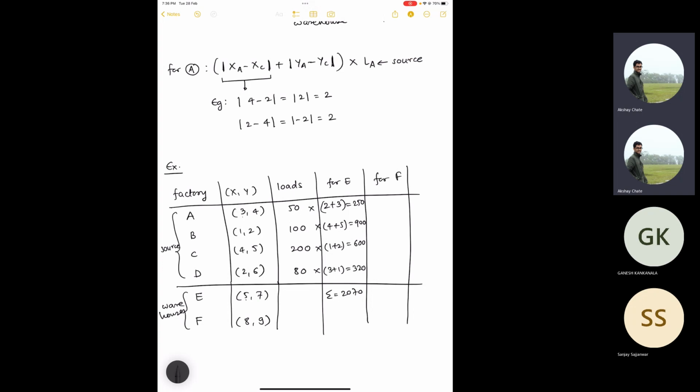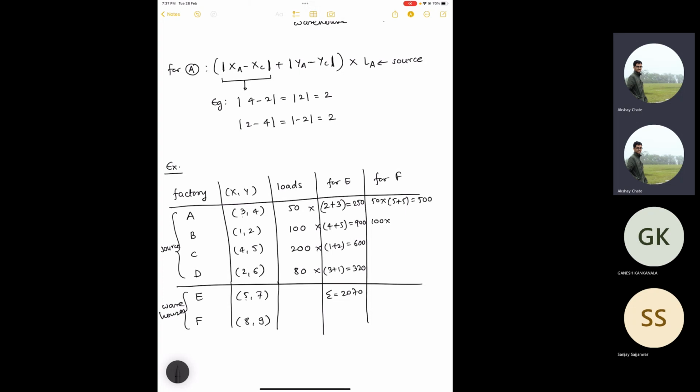Now you carry out the same exercise for destination F, warehouse F. Going by the same logic, you calculate XA minus XF, which is 5, and 4 minus 9 is 5, so total is 10. Here it will be 50 into 10, which is 500. Then 100 into, I'll write the whole thing, otherwise those who have not attended will get confused.